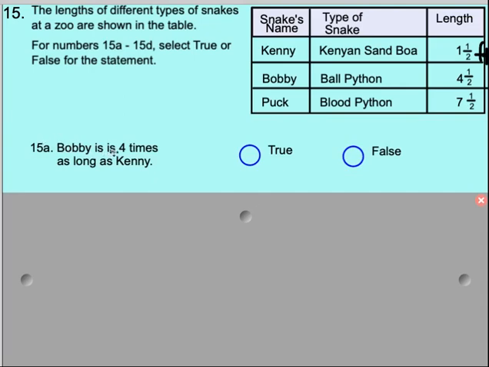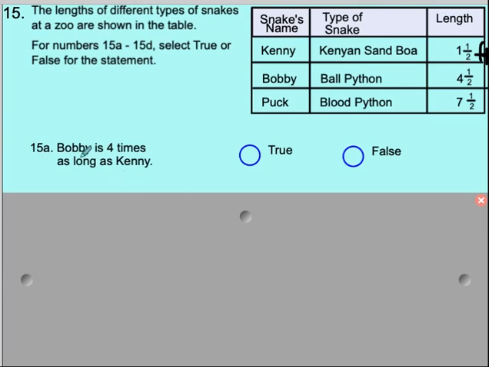15A, Bobby is 4 times as long as Kenny. All right, is that true or false? Okay, so here's Bobby. He's 4.5 feet. Is that 4 times as long as Kenny? Well, 1 1/2 times 4 would give us something greater than 4.5.